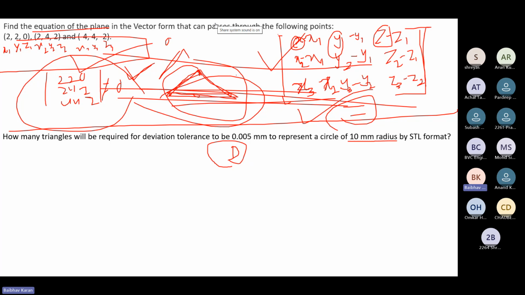Okay, let me solve it for you. So the formula for deviation tolerance is given by R minus R cos theta.